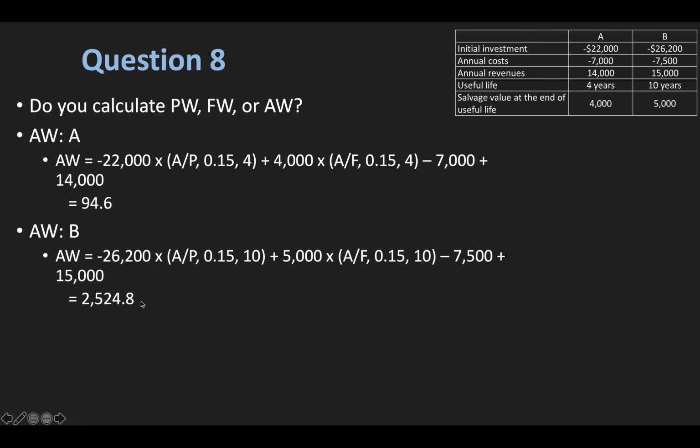Then we do the calculation and it gives us $2,524.08. After all this conversion and calculation, we can see alternative B definitely provides more value than alternative A. So we're going to choose B, right?